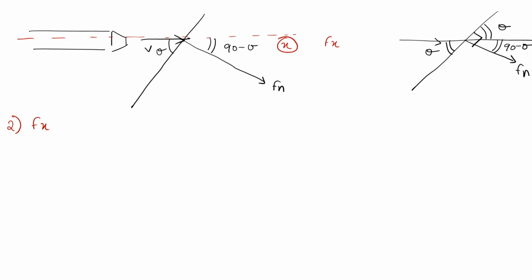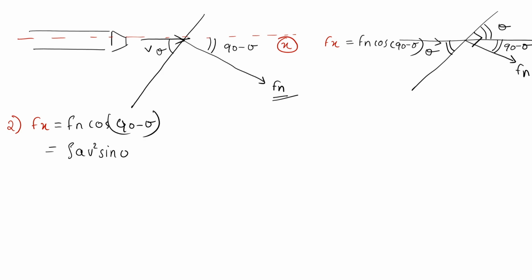If I know the angle, I can write Fx in terms of Fn. Fx will be Fn cos(90 minus theta). Fn I have found from the previous derivation as rho a v square sin theta, and we all know that cos(90 minus theta) is sin theta.